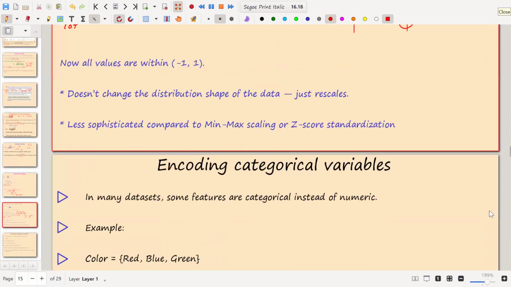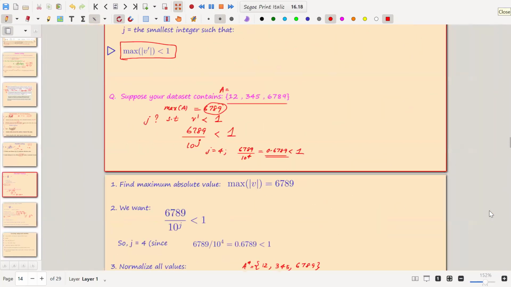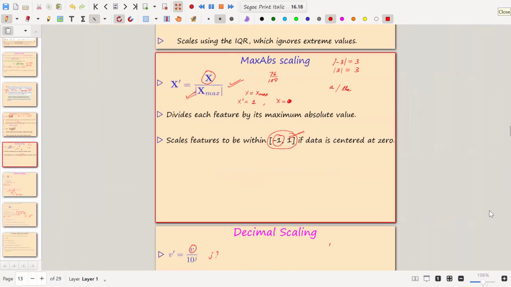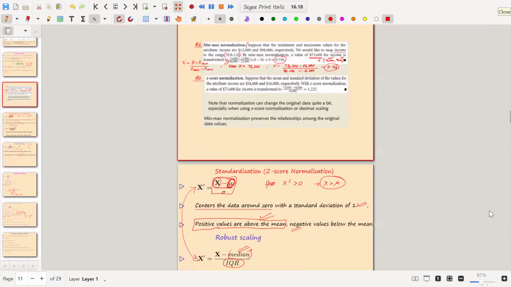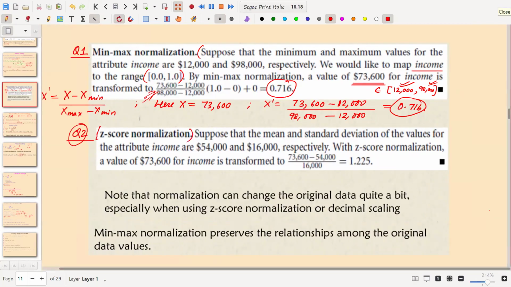Anyway, these are the ideas. Let us go to the Z score because one more example was there. I forgot about that. This was the second question. Using Z score normalization, suppose the mean and standard deviation of the income value are given to be $54,000 and $16,000 respectively.